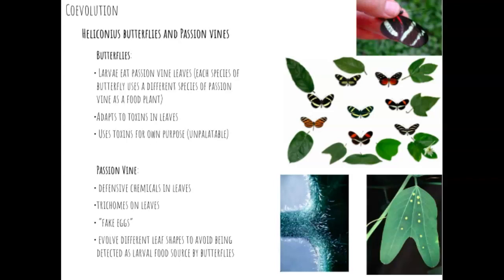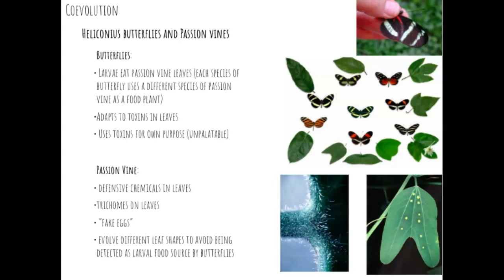They also have fake eggs that they develop on their leaves that make it look like the leaves already have butterfly eggs laid on them, and that is meant to deter a female butterfly from laying her eggs on that same leaf, because if those eggs are already there, they're going to hatch before the new female's eggs, and they're going to then eat the entire leaf before her eggs are able to hatch. So the passion vines have evolved these fake eggs that they develop on their leaves to try to deter the butterflies.